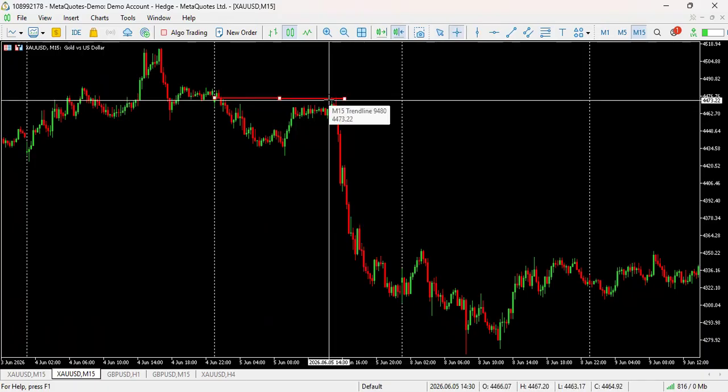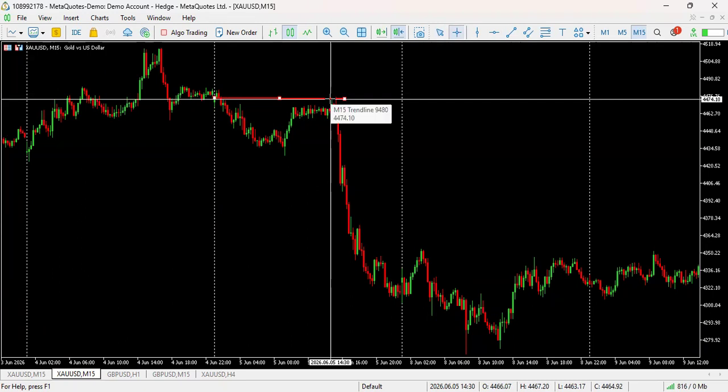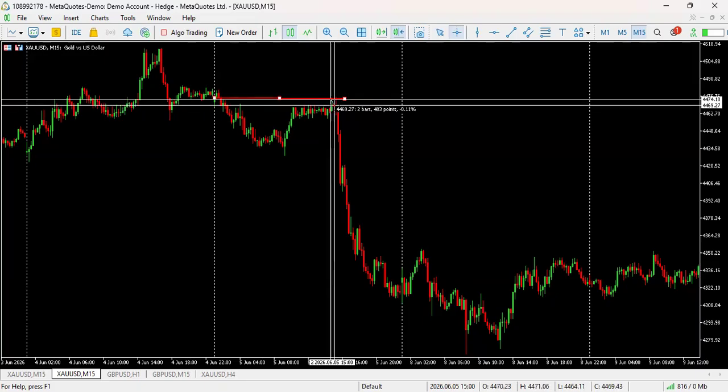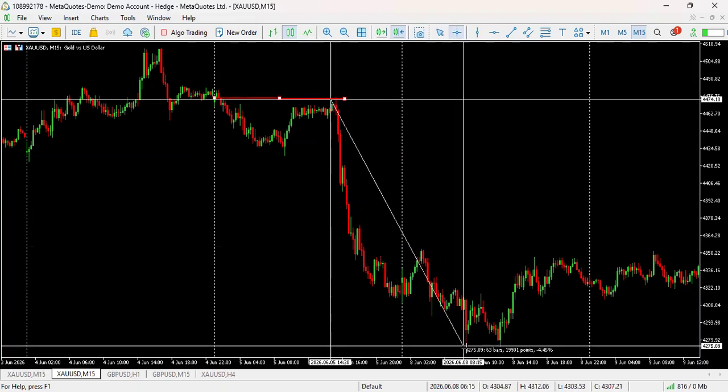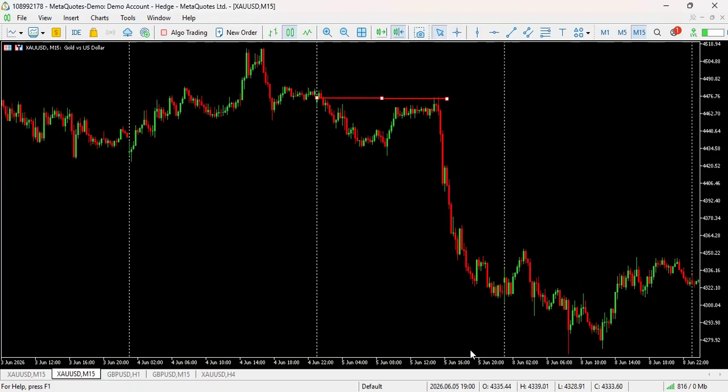This is an extra level of confidence because you have the assurance that this could be the extreme of the pullback. And as you can see, there's a perfect entry, very little drawdown, and it continues to go down. Continues to go down.